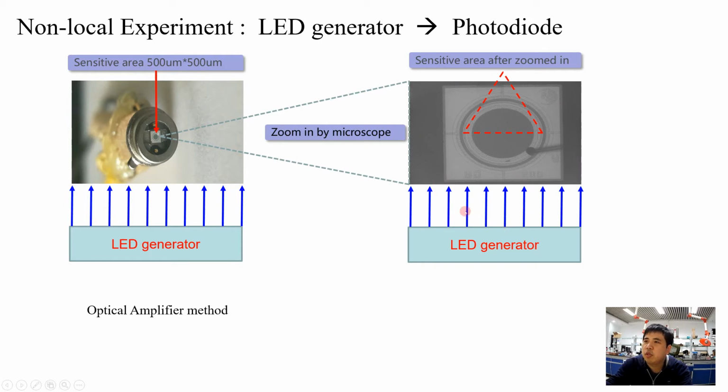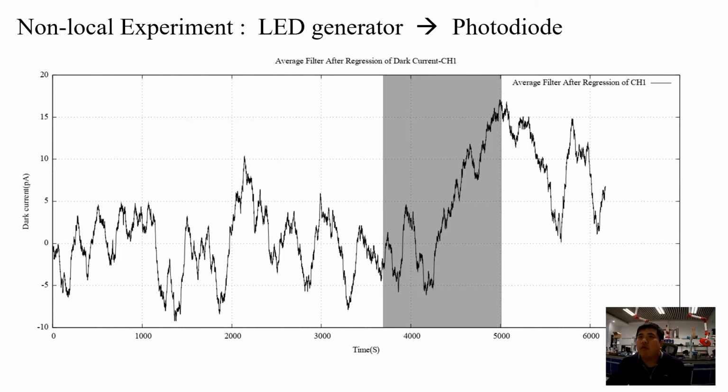So most of the emission from the LED generator will be added on the sensitive area. I call this method optical amplifier or optical lever. I think any small sensor can use this method. Of course, the result is very positive.